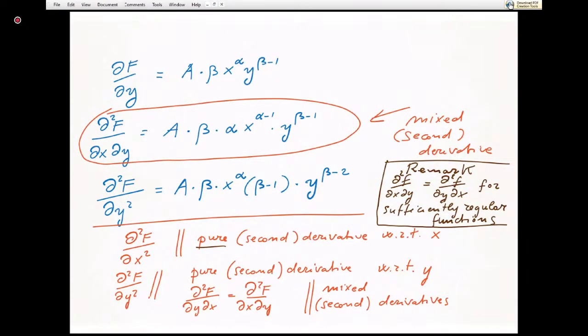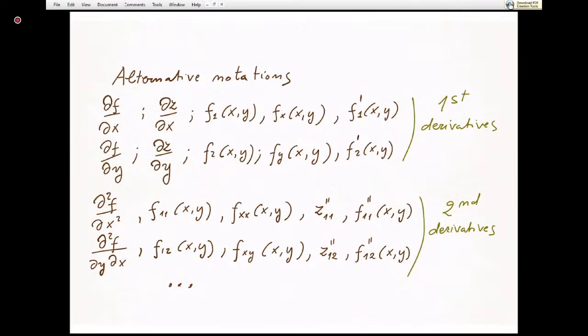So this is the definition: mixed derivatives, pure derivatives. There are plenty of alternative notations for both the first derivatives and the second derivatives. These are just examples, but there are more than this. This is the usual one that we use for the second derivatives, but we may also use a notation with two indexes, which denotes the order of differentiation.